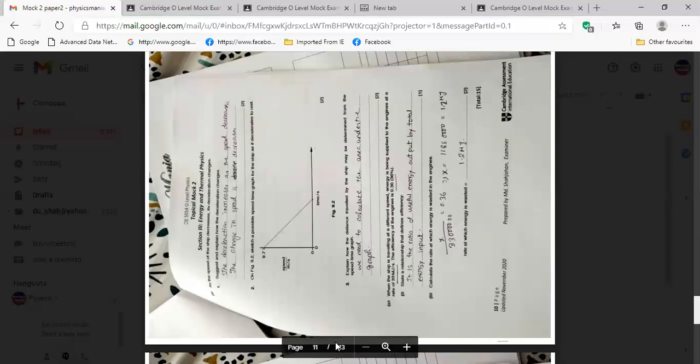The more the resistive force is working, your deceleration will also be more, right? So from your one idea, if you come to the other idea, then it comes that deceleration decreases, right? Yes, sir.